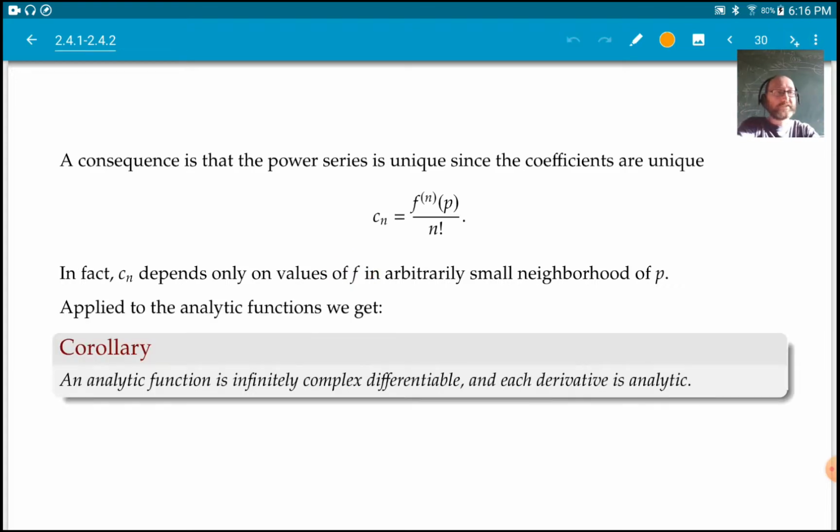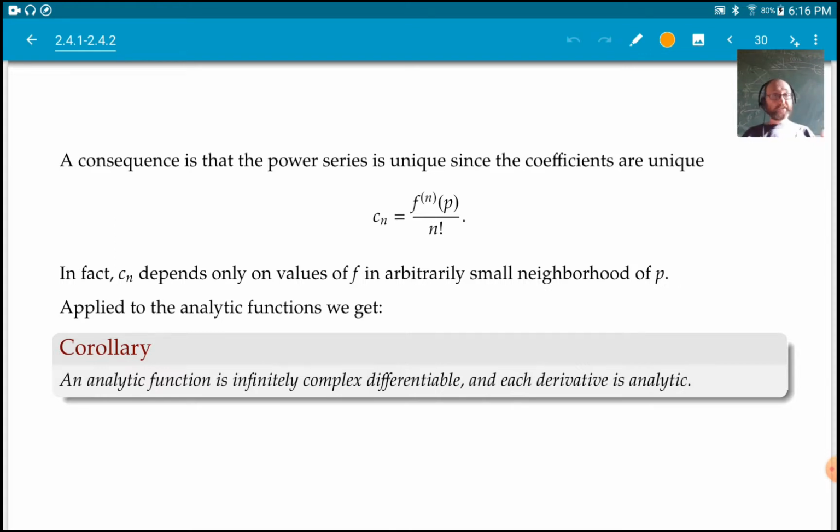Now, as far as analytic functions, we defined analytic functions, and we didn't really do anything with them so far. We were just talking about power series, and power series are not necessarily analytic. But if you have an analytic function, in particular it does have a power series, so an analytic function is infinitely complex differentiable.